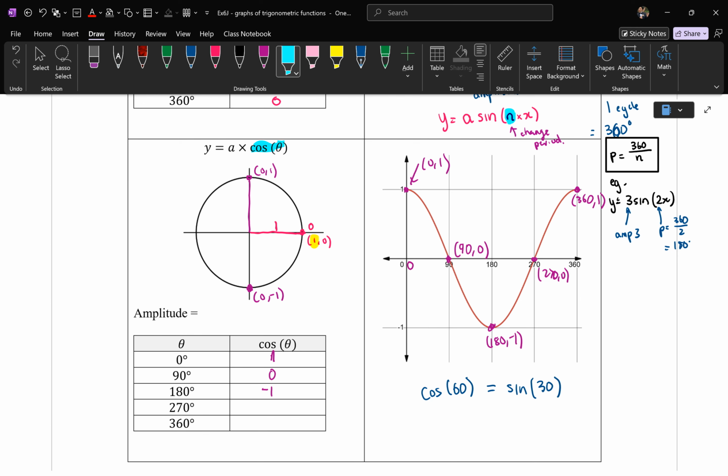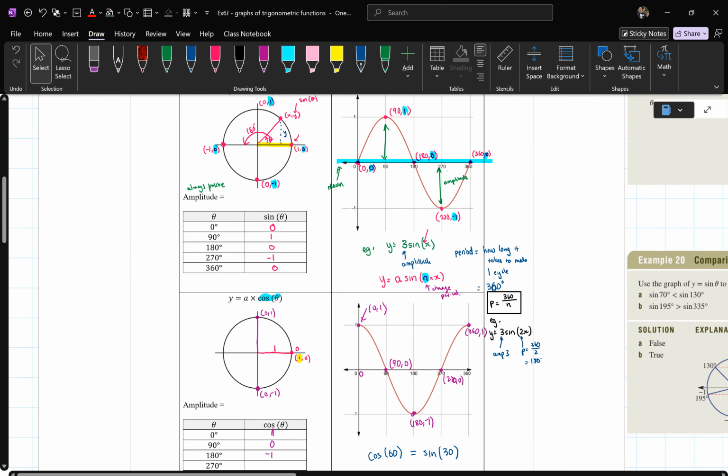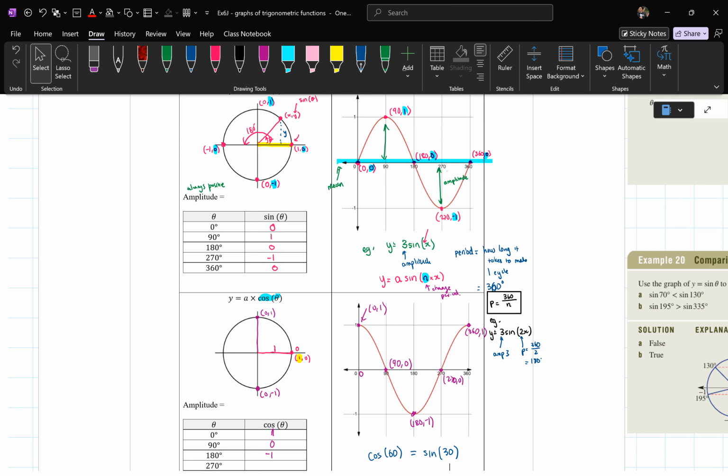And the reason, if you look at both graphs, is that they only differ by a shift. It takes 90 degrees to reach 1 for one of them. They are always a complementary angle apart, which means 90 degrees. So 60 plus 30 makes 90. That's why they complement each other.